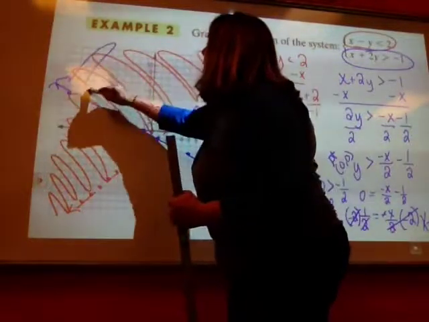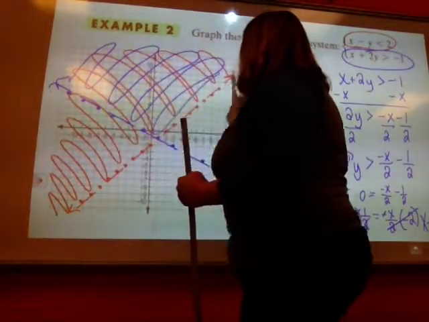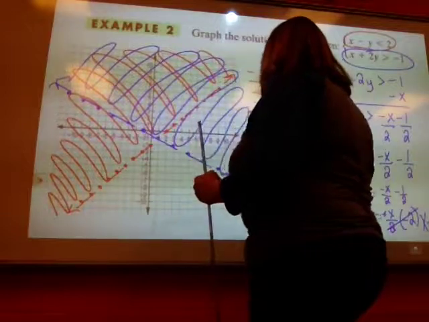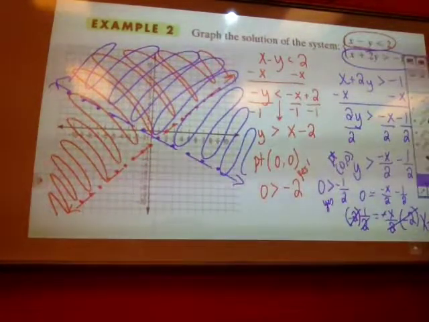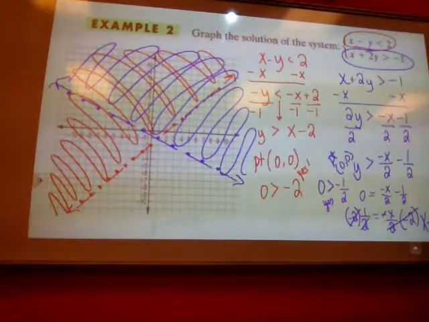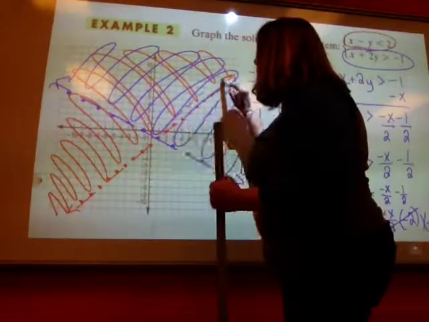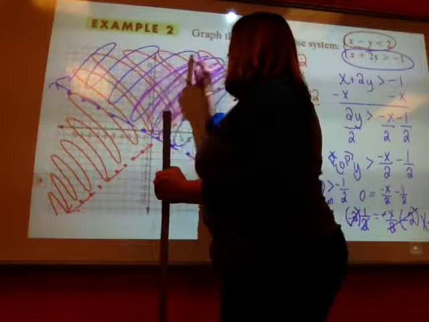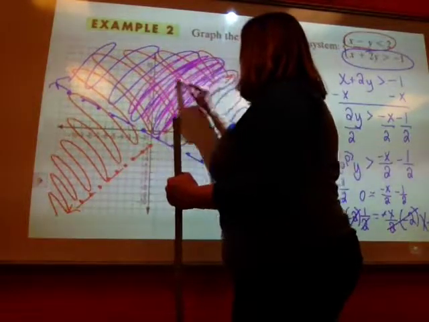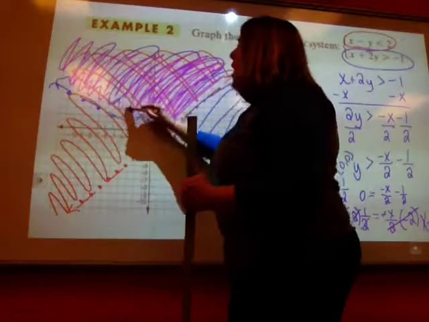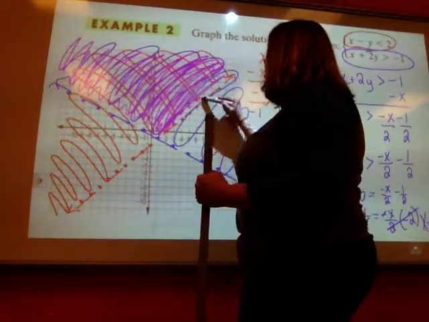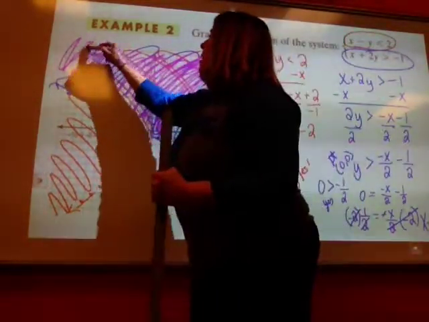So all of this up here will be shaded, which means my solution region is through here.